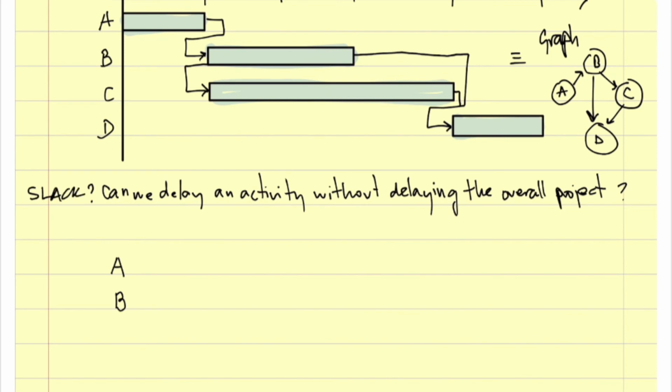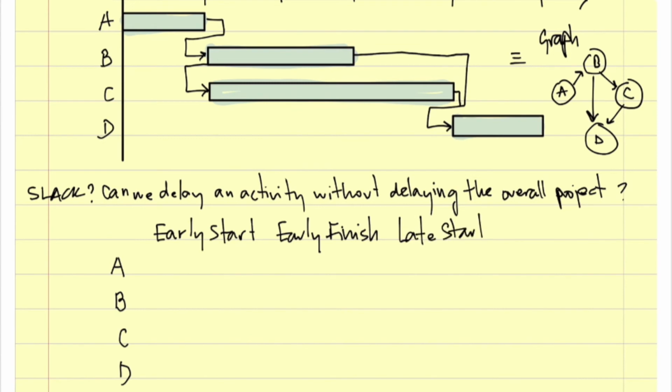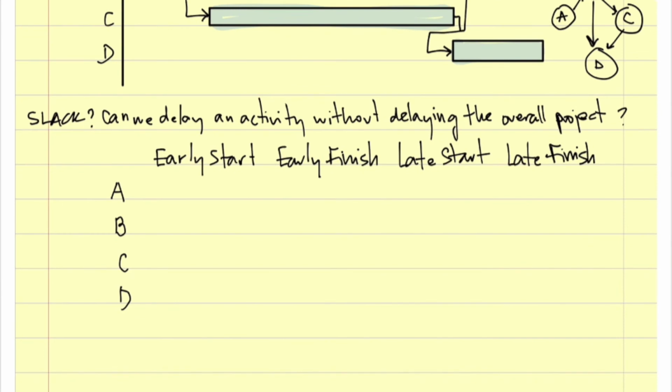We define four metrics, which are the early start, early finish, late start, and late finish. Early start, early finish, late start, late finish.